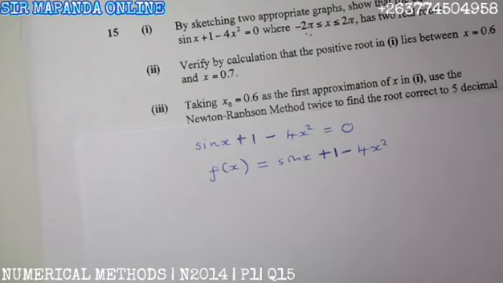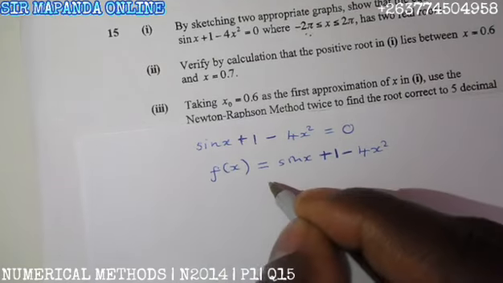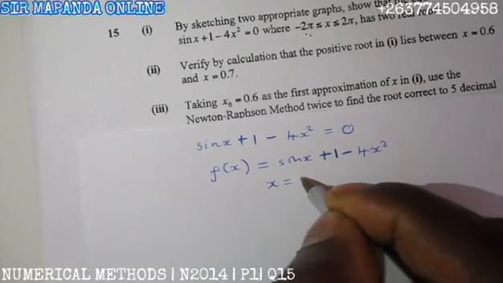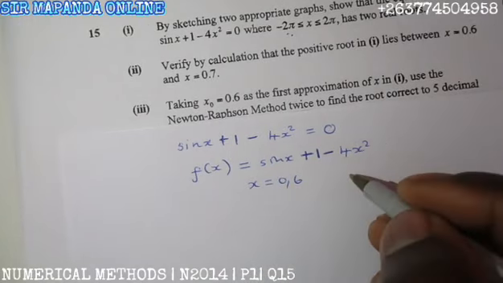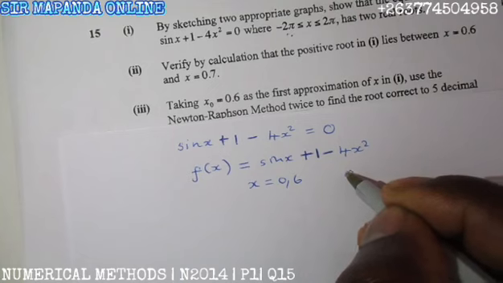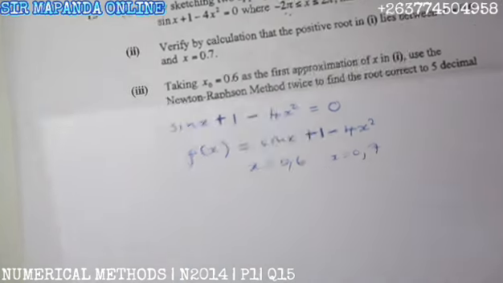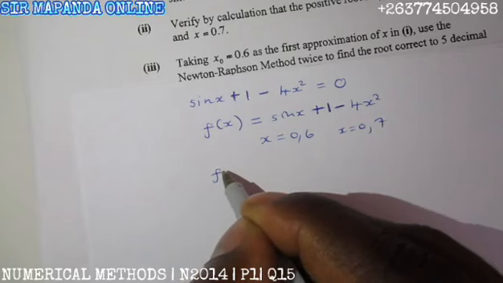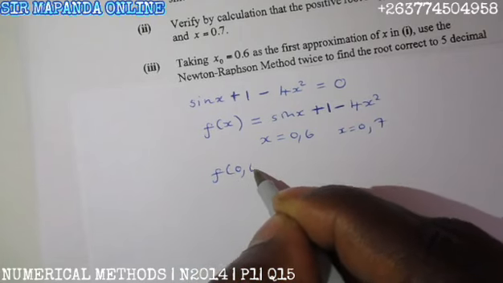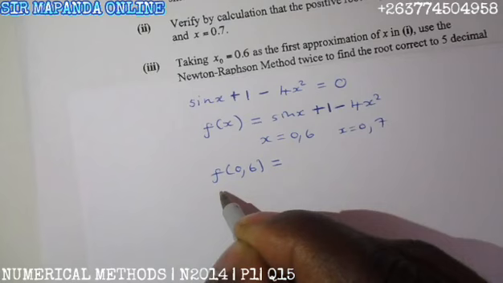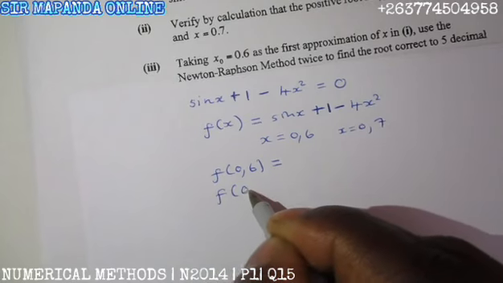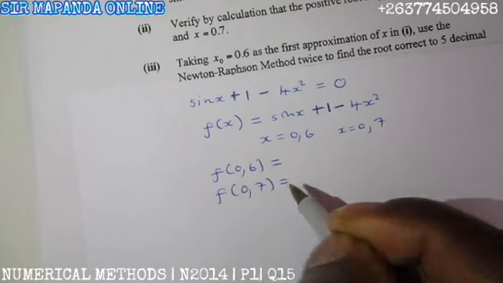Right, so we want to prove by calculation that the root lies between x = 0,6 and x = 0,7. So what you need to do is you find f(0,6), then you find f(0,7).